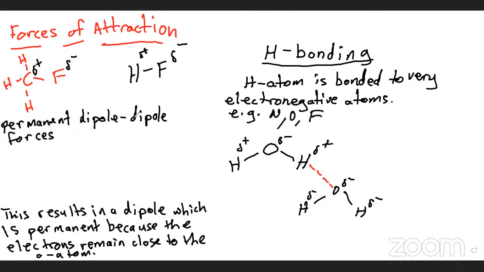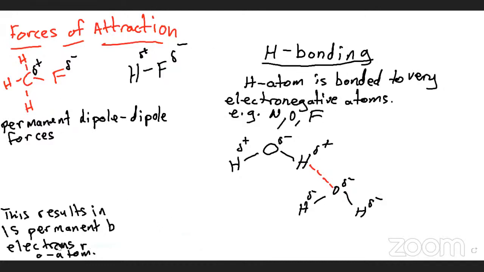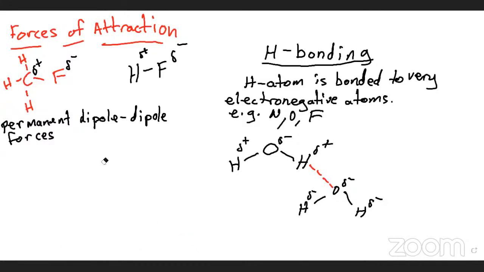All right. So for example, that same compound, let me just erase this part. So let's draw it back. So the carbon is slightly positive. That is slightly negative.